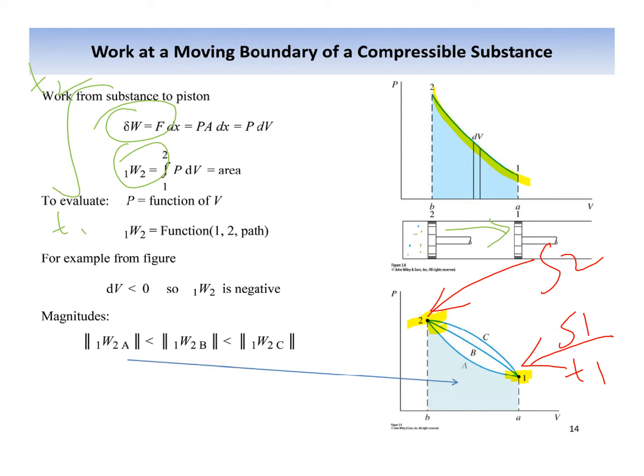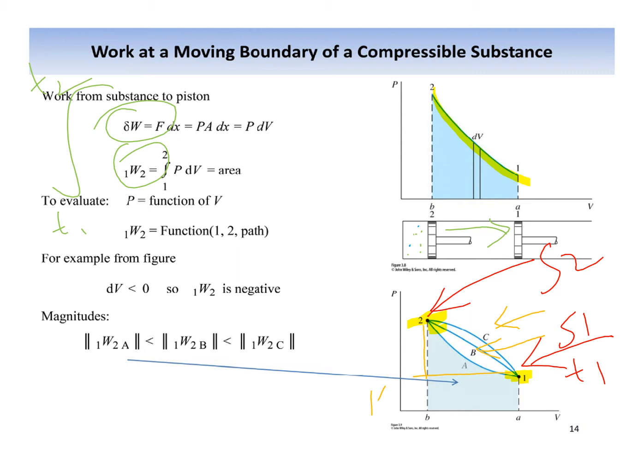For instance, it may go from state 1 to an intermediate state, which I'm going to name 1 prime, and then from 1 prime to 2, and it will reach the exact same state 2 as achieved during process C. If we talk about process B, we will come to the same state 2 by going from 1 to 1 prime and from 1 prime to 2.